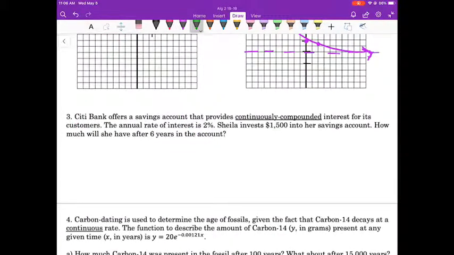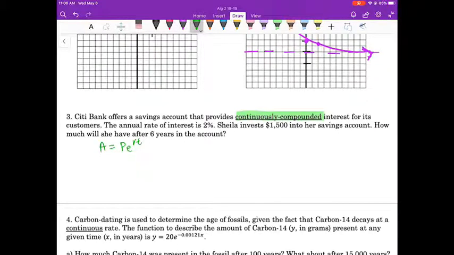Lastly, on the first page, we've got problem number 3 involving Citibank. Citi offers a savings account that provides continuously compounded interest for its customers. Right away, because we see that word continuous, and especially continuously compounded, we know we're dealing with A equals Pe to the rt.